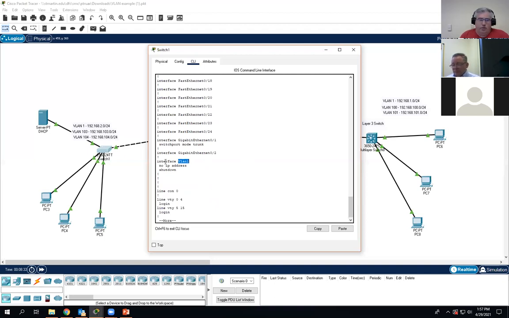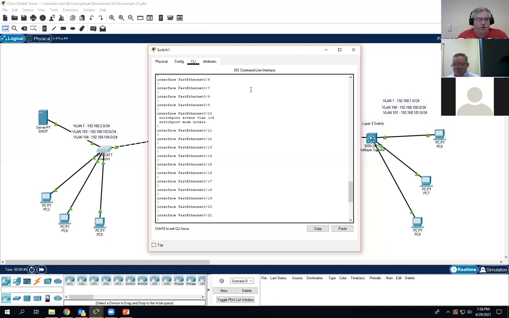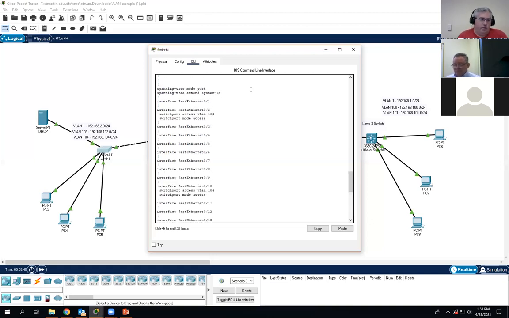But in a real world situation, yeah, that's definitely a big thing. Setting up a management VLAN and putting management addresses on it. So that way you don't have to go to your switch physically to change the VLAN numbers on them, change the configuration. You can do it remotely using SSH or Telnet.